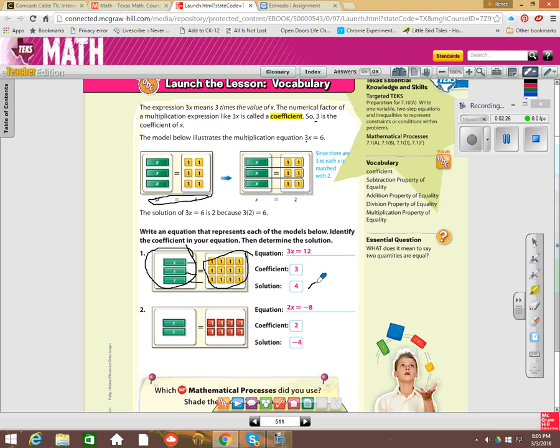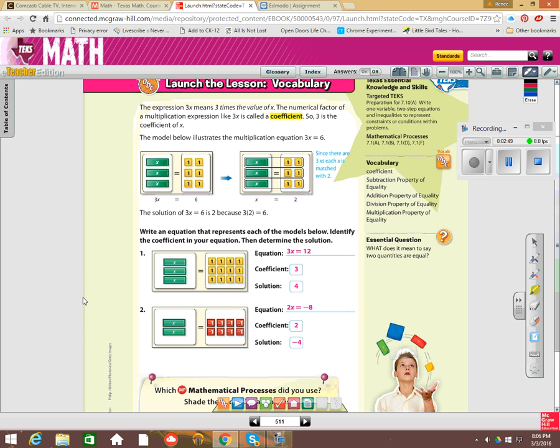That's the solution. So the coefficient is the number of x's. It's 3 x's. And the solution is 4. So 3x equals 12. The coefficient is 3. And the solution is 4. Okay, let me erase that so you won't see it.